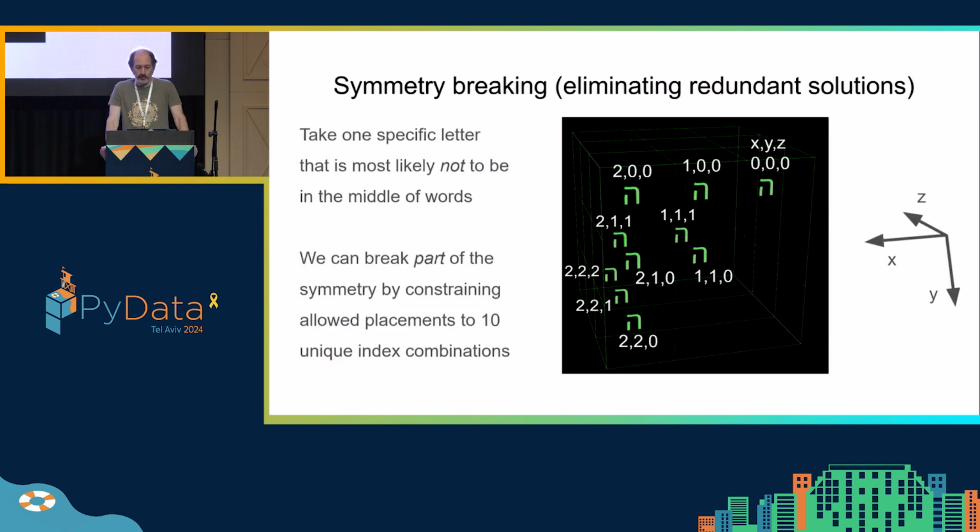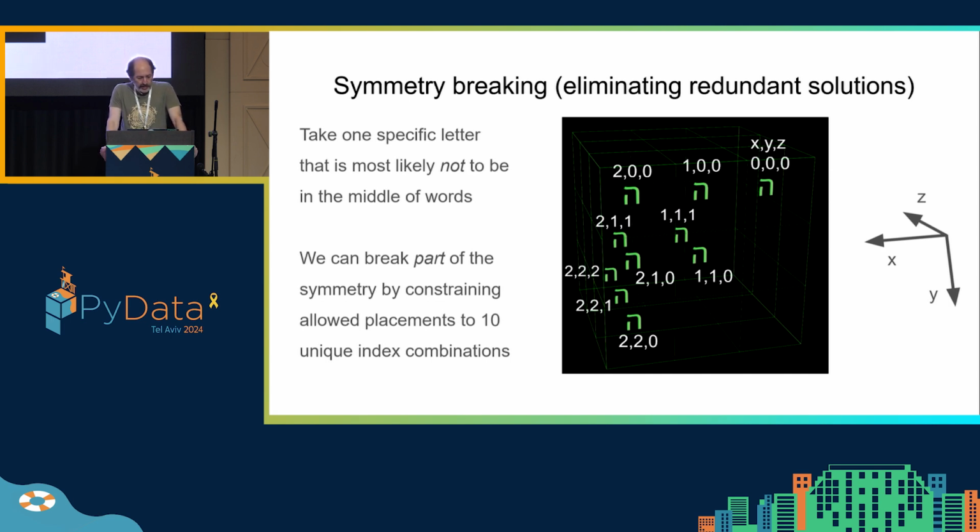And we don't want this. We want to do symmetry breaking. We want to eliminate redundant solutions. And there are different ways to do it. It's very domain specific. We need to think about it. It can put in errors. Here is one example. We can choose a specific letter, maybe in a smart way. In this case, I think hey is the best one.